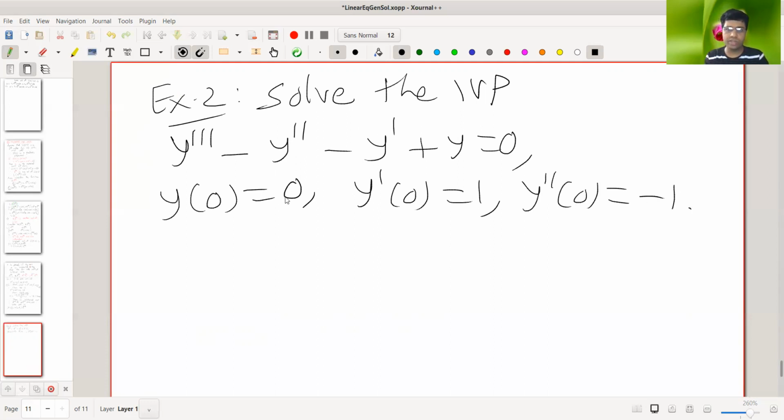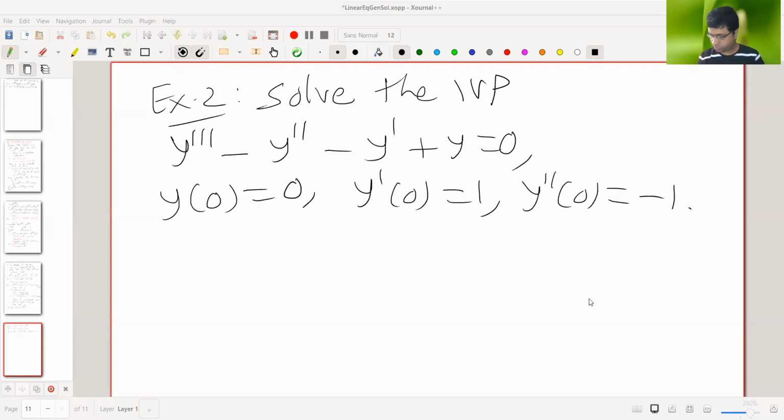We need three initial conditions because it is of order 3. So first we find the general solution of this differential equation and then use these conditions to find the arbitrary constants.